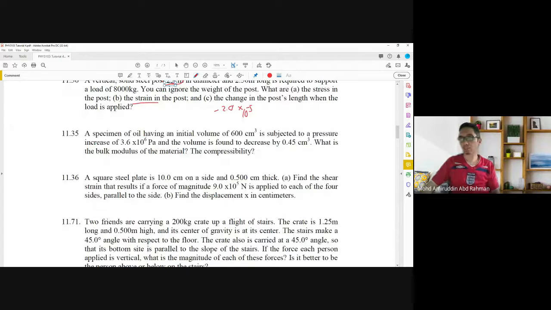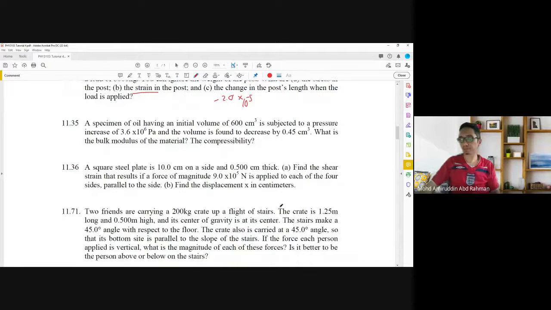For 11.36, you need to find the shear strain. So the shear strain is F over A, the force over the area. Your force is 9 times 10 to the 5 divided by the area.